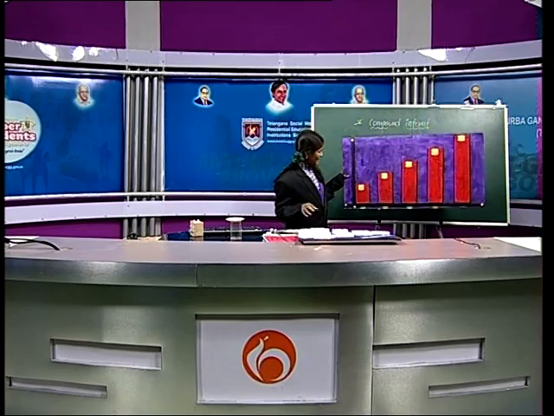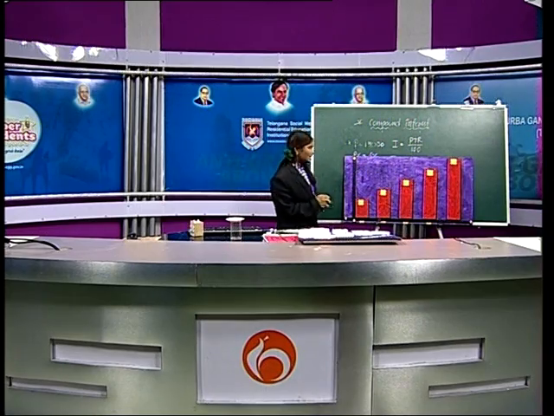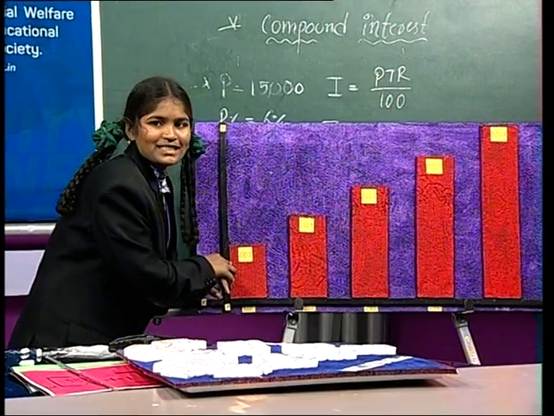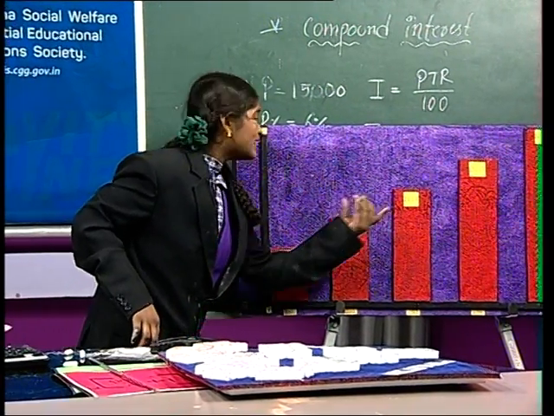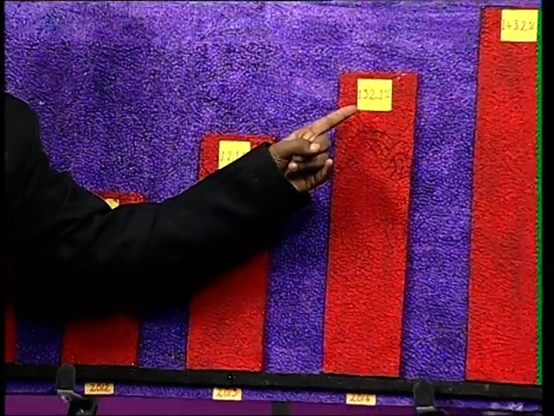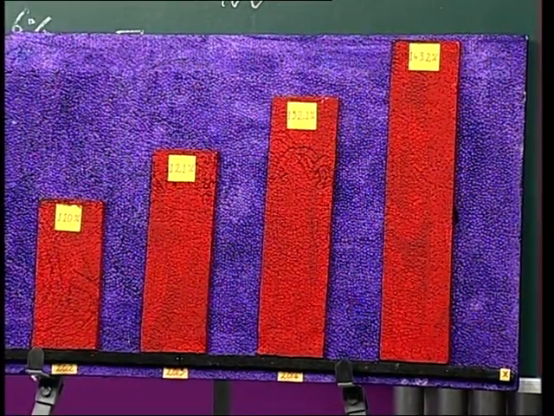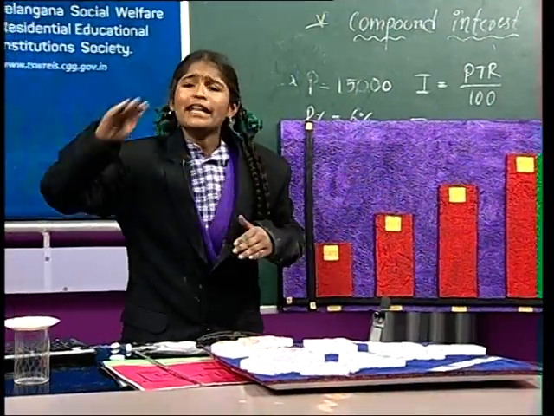Okay. This is a compound interest example. I clearly show, friends, here 100%, the next 110, the next 121, and the next 132.1%. It means in compound interest, the interest will be interest on interest, no?